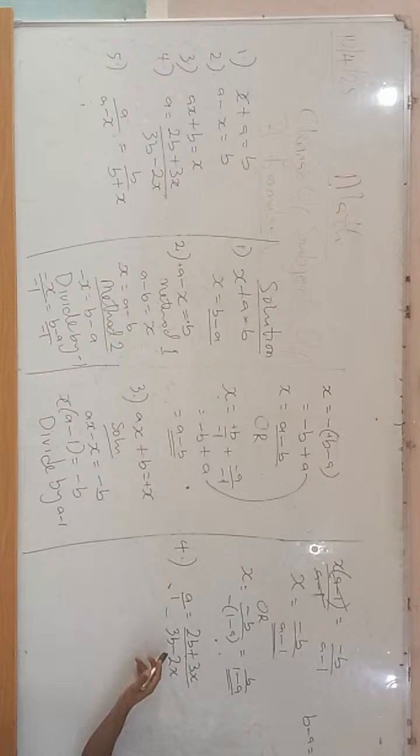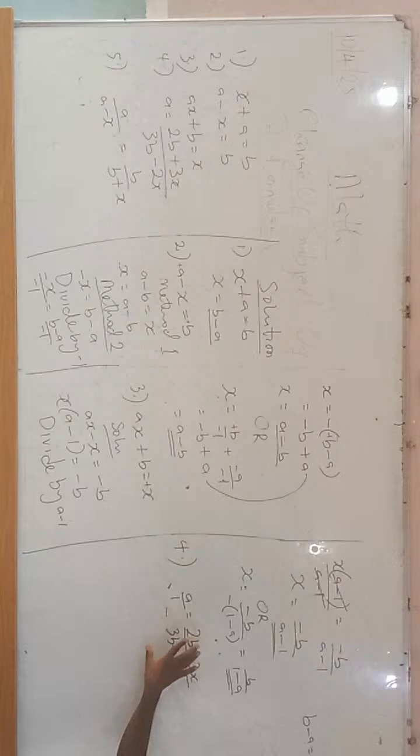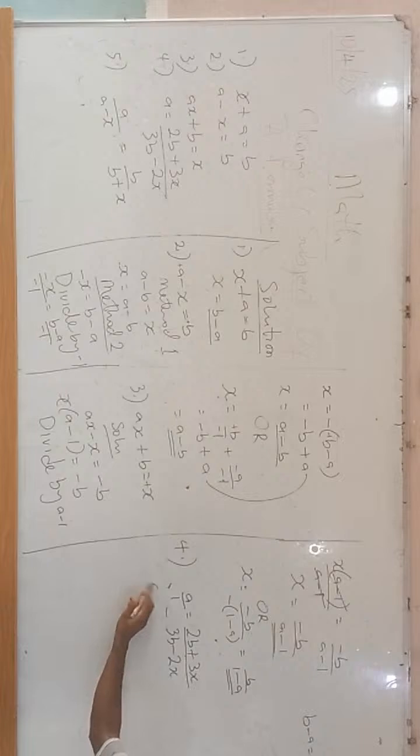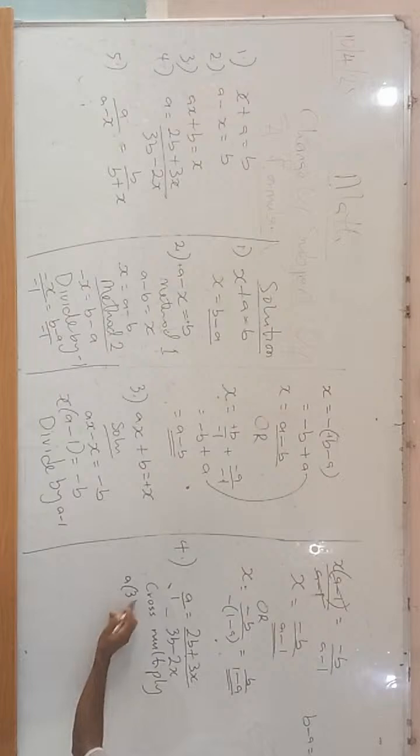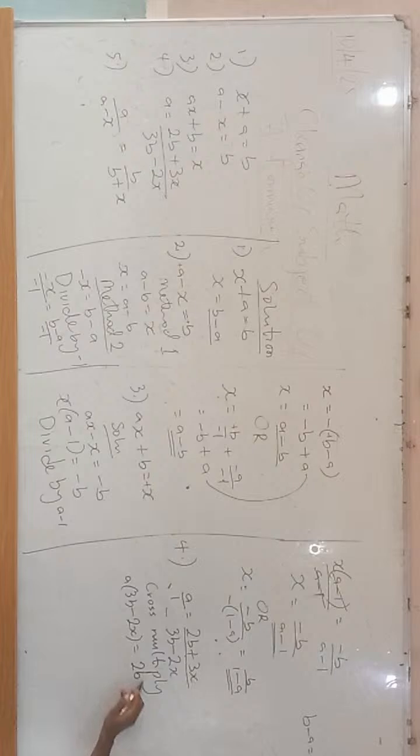We will say multiply both sides by the LCM of the denominators, but I would rather say, since you have single fractions on both sides, simply cross multiply. That gives you a times 3b minus 2x equals 1 times 2b plus 3x.